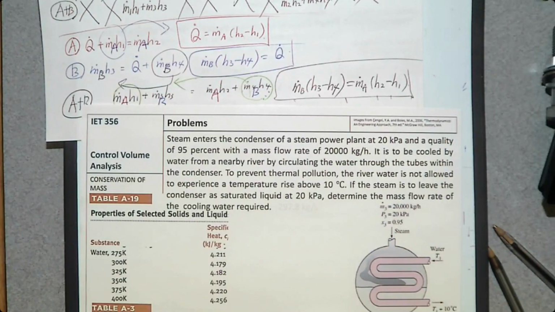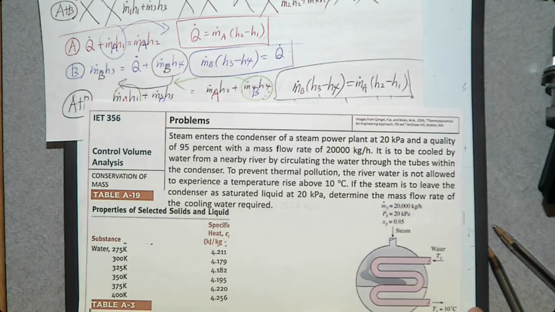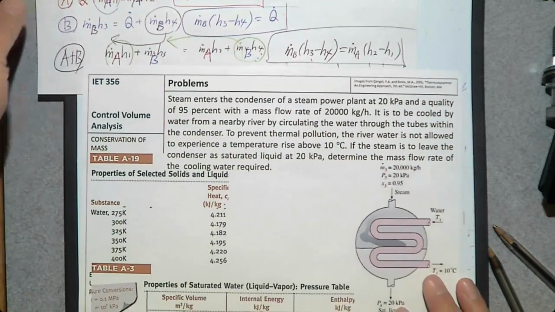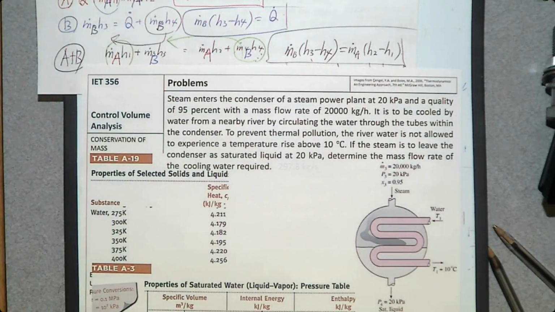We have steam entering the condenser of a steam power plant. If you want to study this, you can solve it assuming that this condenser is just a heat exchanger. But you may want to know how this steam power plant works. What is a steam power plant?